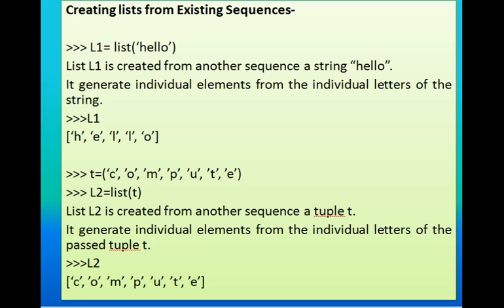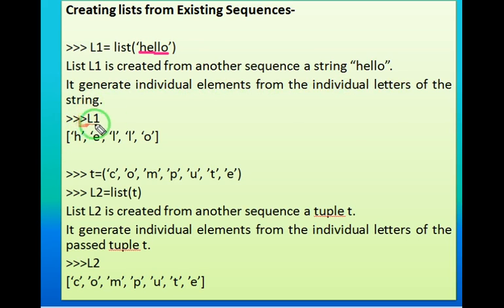Now, creating a list from an existing sequence. If you want to create a list from a sequence, you can use the list function for that. Over here you can see in the example, I have created a list with the help of a string, hello. So the list L1 is created from another sequence, a string which is hello. It generates individual elements from the individual letters of the string.